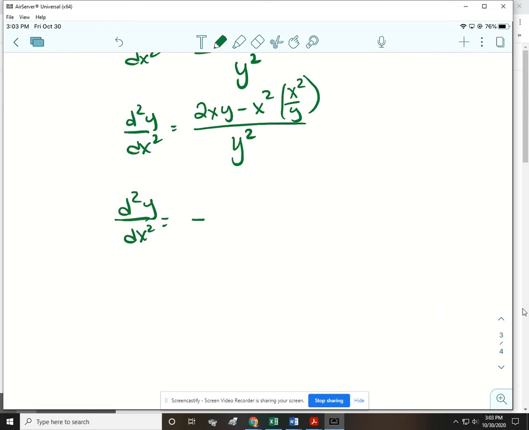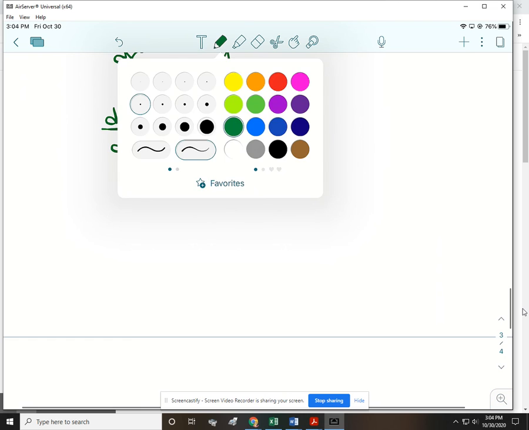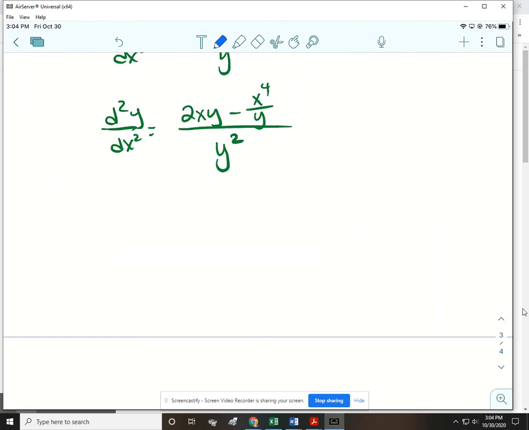Okay, and then I will multiply that. This time nothing is going to cancel, so I'll multiply x squared times x squared. Now I am at the point where I want to get rid of this y because I don't want a fraction inside the fraction, so I will multiply by y on the numerator and denominator.